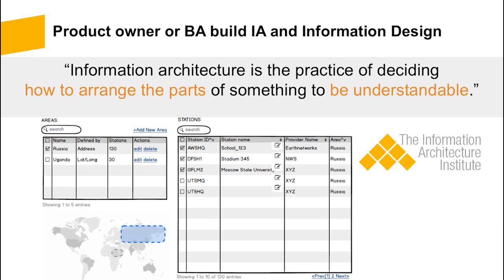You group information together, and all these activities fall under the information architecture discipline. That discipline is all about how you arrange parts of something to be understandable. Another close discipline is information design: how do you represent information to foster understanding of the system?